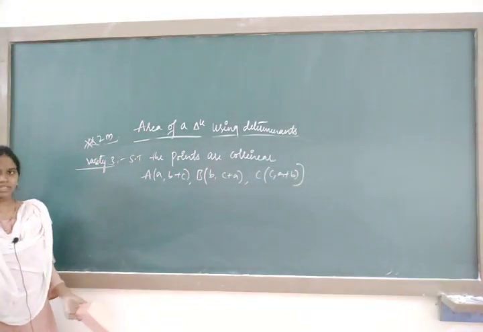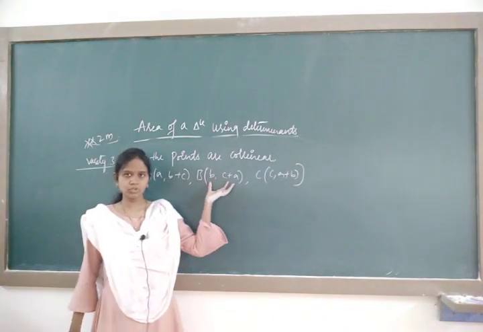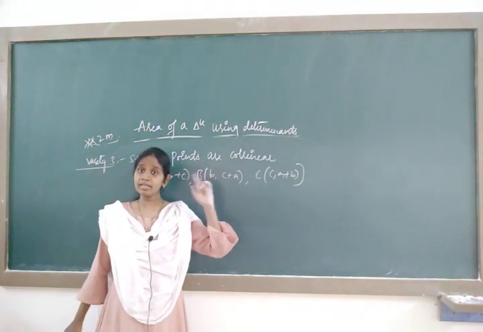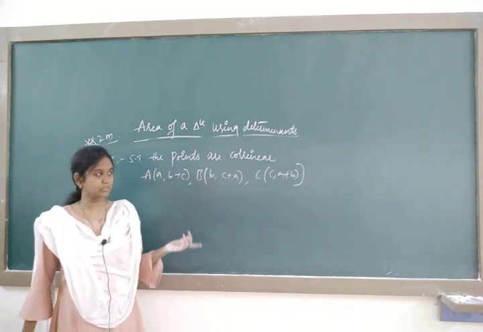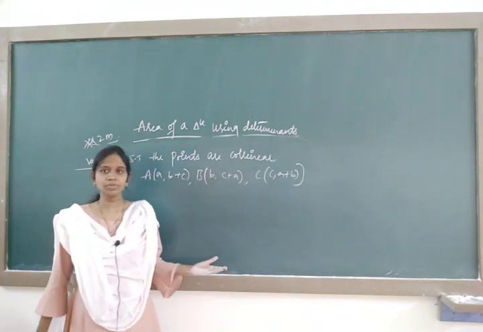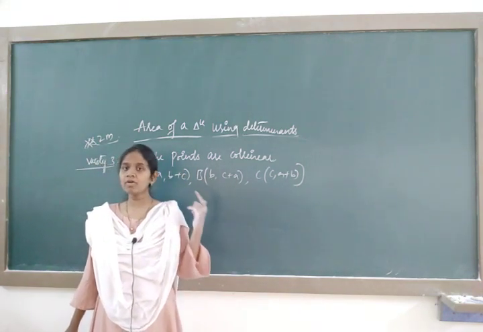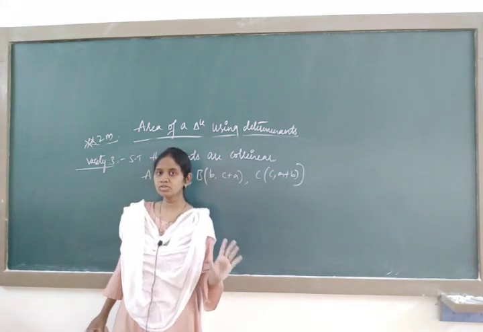If these are your vertices, denote this one as x1 y1, this as x2 y2 and this as x3 y3. In previous classes, meaning 10th and first PUC, we have studied the collinear condition: after substituting, we are going to get 0. Recall the 10th standard or first PUC coordinate geometry classes.